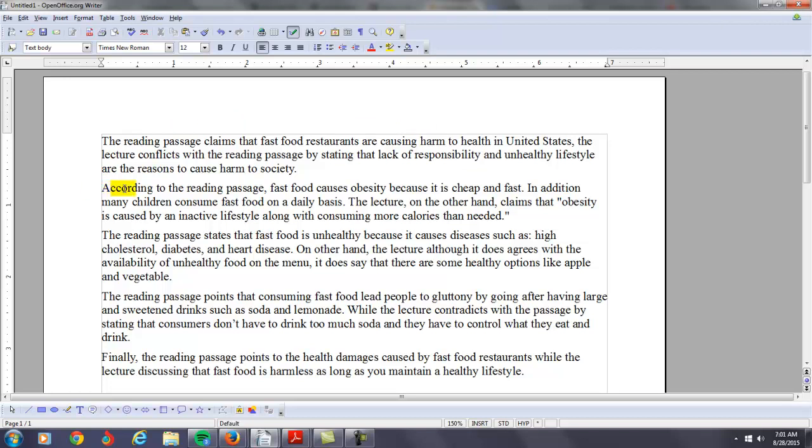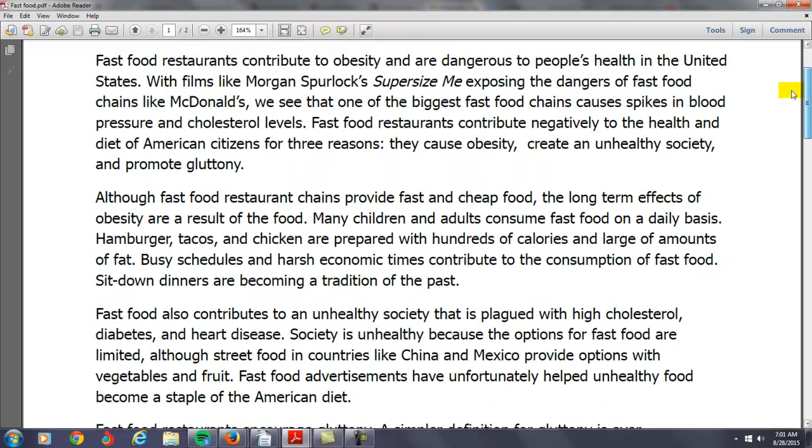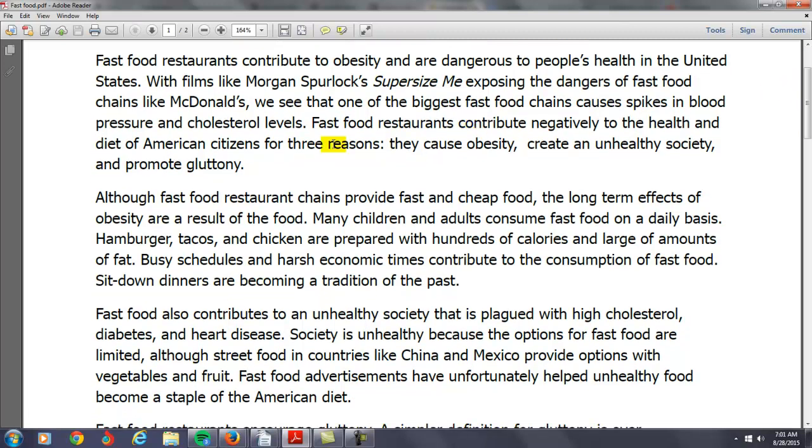So then let's look at this. You say, "According to the reading passage, fast food causes obesity because it is cheap and fast." Again, let's look in the reading passage and see what it says. This is not too bad. You change this one around a little bit more, so no problem there.